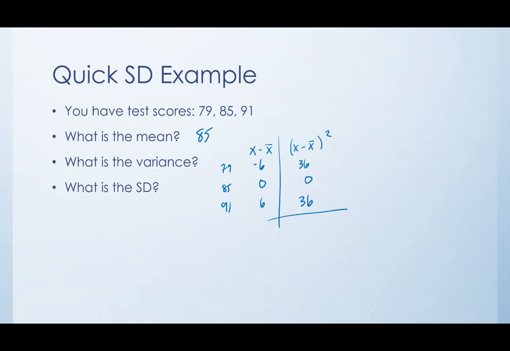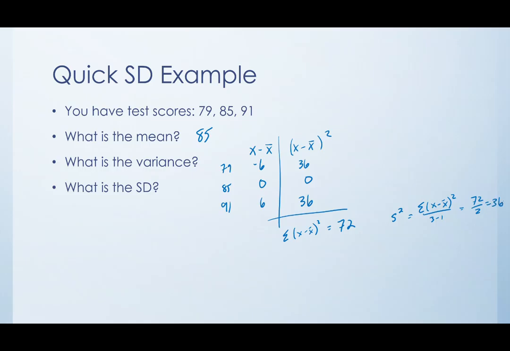So then we're going to add all of those up. So summation x minus x bar squared, 36 plus 0 plus 36, that is 72. And therefore our variance is going to be the summation over n minus 1, so 3 minus 1, which is 2. So 72 over 2, which is 36.